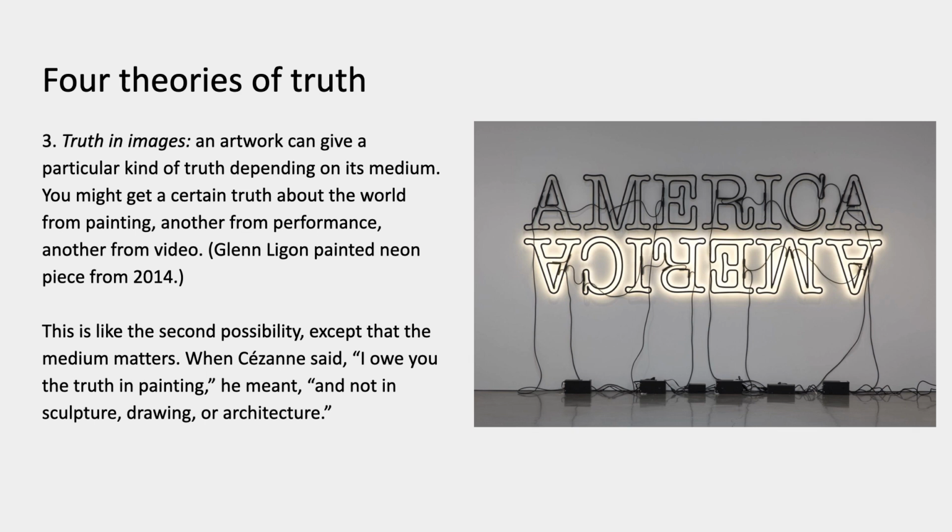In this case, it's a painted neon piece, so different medium, and therefore different truth than if it had been in painting or stenciled and so on, like the others. So this is like the second possibility, except that the medium matters. When Cézanne said, "I owe you the truth in painting," he meant, and not in sculpture, drawing, or architecture.